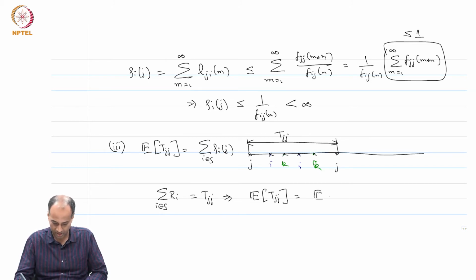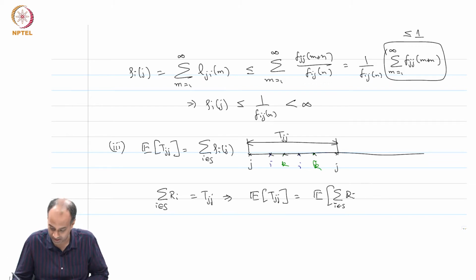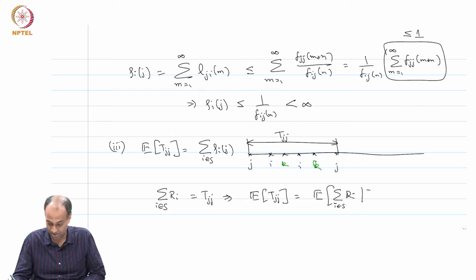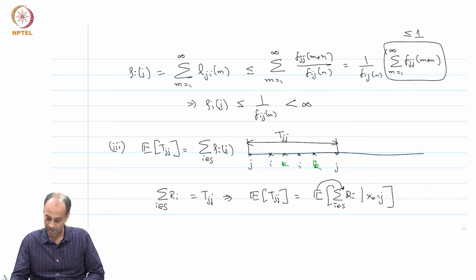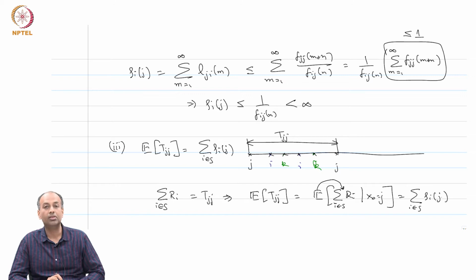So, if you take expectation, this implies expected T_jj is equal to the expected sum over i belonging to S of R_i. All of this is given that you start at j, but I do not have to write this explicitly. Now, if I take the expectation inside the sum, you will get the sum over i belonging to S of expected R_i given X_0 equals j, which is nothing but your rho_i of j.